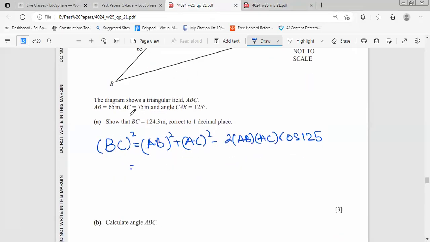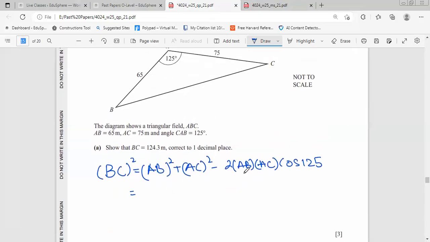Now since AB is given as 65, we are going to write 65 square plus 75 square minus 2 times 65 into 75 into cos of 125. So let me write cos of 125.